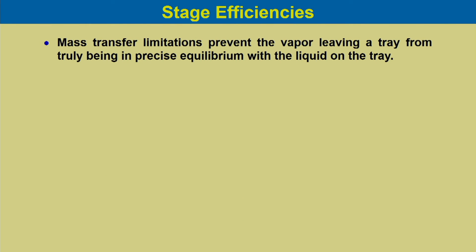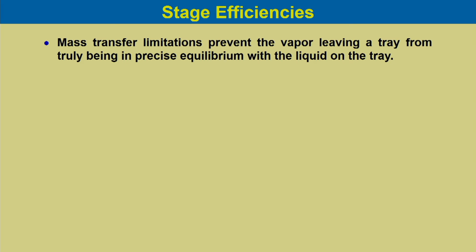Now, we will discuss another important topic, stage efficiencies. Mass transfer limitations prevent the vapor leaving a tray from truly being in precise equilibrium with the liquid on the tray.